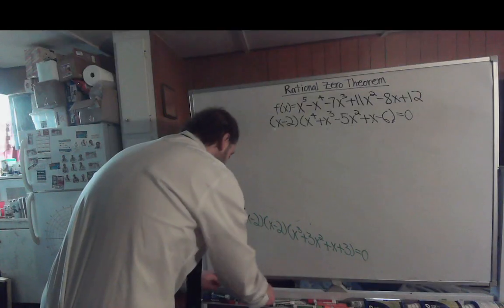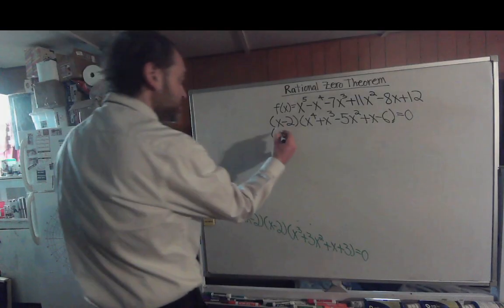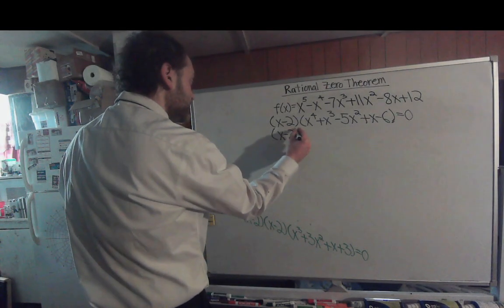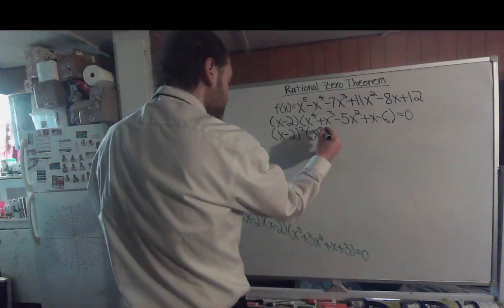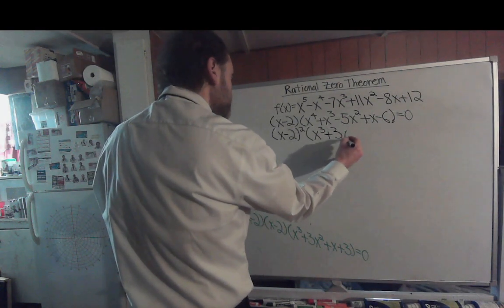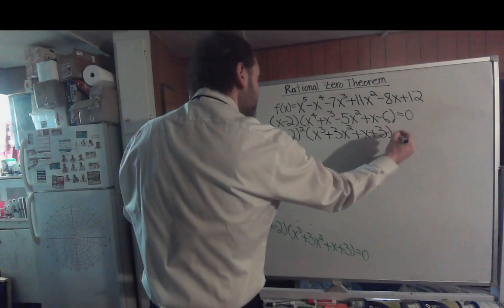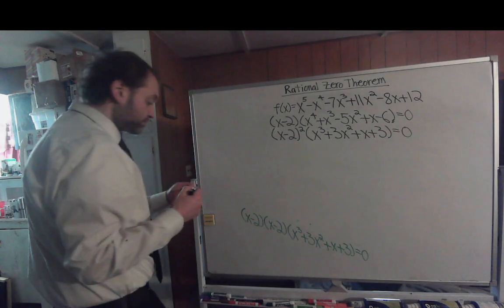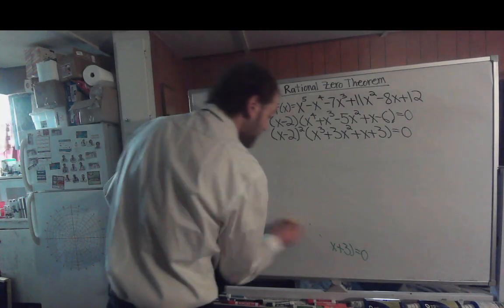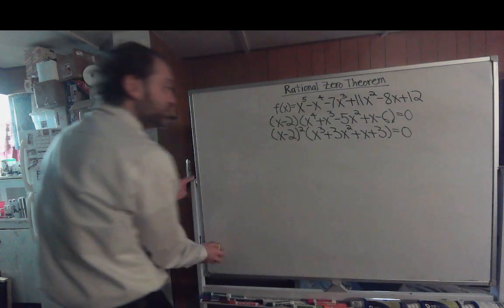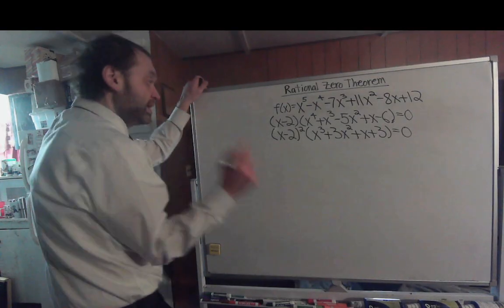So this will further break down into, if you have two factors of x minus 2, really this is x minus 2 to the second power times the quantity of x to the third plus 3x squared plus x plus 3 equals 0. Well, here's some good news. That cubic factor, we can definitely factor that by grouping. We don't have to do the rational zeros for that. We could, but it's more work than needed. We can do that by grouping.